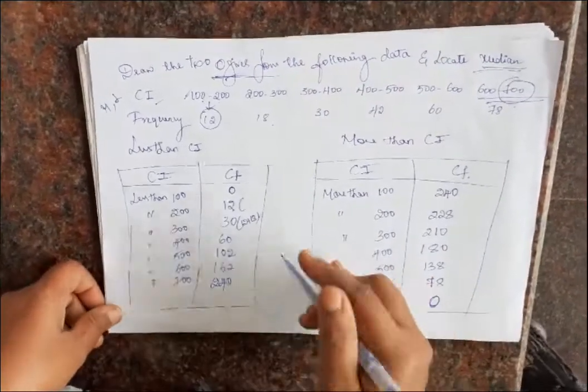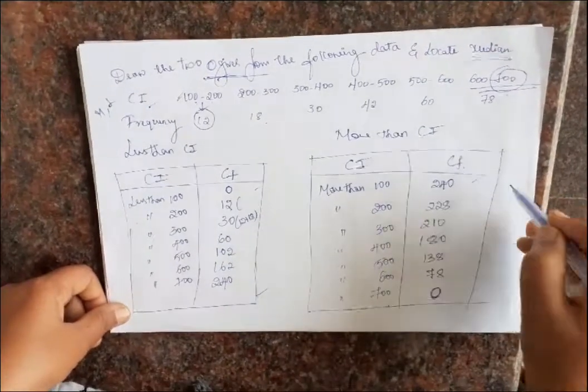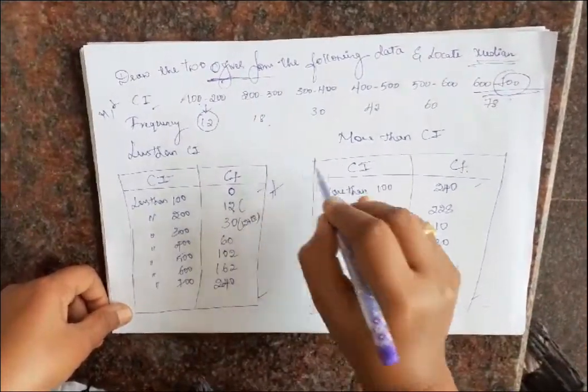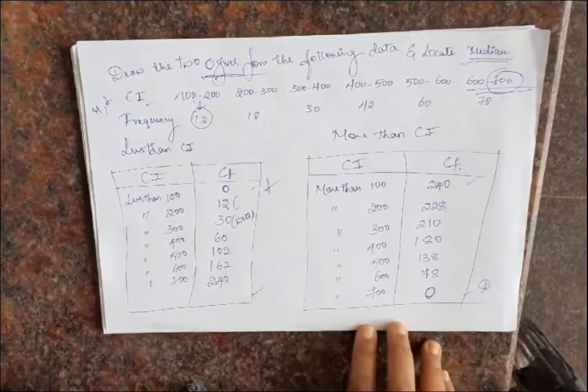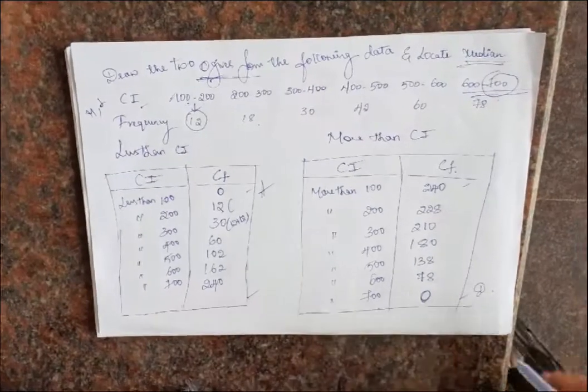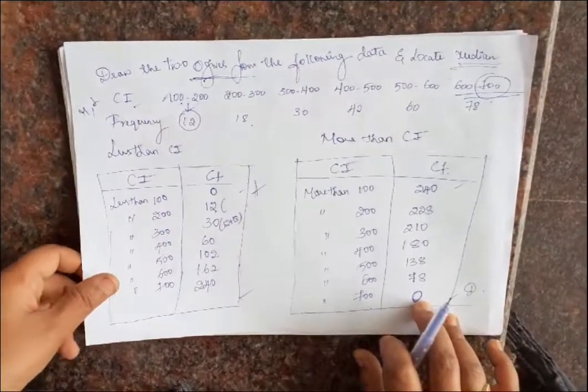You can see here we go from the least to the highest, and here from the highest to the least. So this is in ascending order and this is in descending order. You have to keep this in mind while preparing less than as well as more than class intervals. Based on this we are preparing the ogive curve.